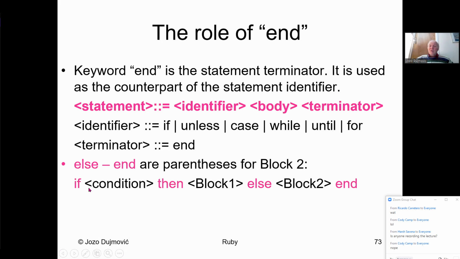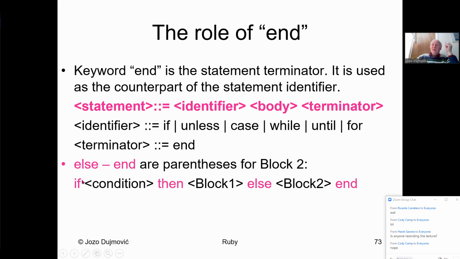If is the identifier of this statement. So language processor starts from the beginning of this line and hits this if, and then it says, aha, this is if statement. If you hit here loop, then it is loop statement. If you hit here something else, then it is something else. So the first word that you have here, if, unless, case, while, until, for, they identify what kind of statement is that. That's the first thing.